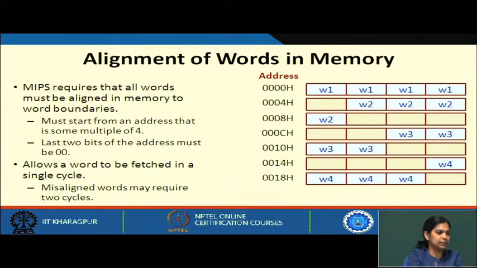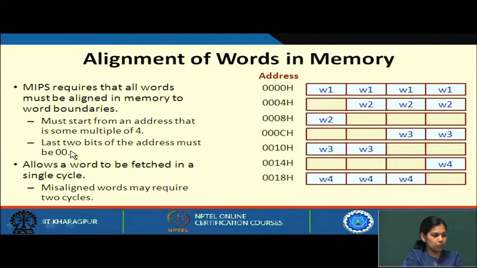So you see the first address, which is 0000, it starts from here, then 0004, then 8, C, again 0, 4, 8 and so on. You can see all these are multiples of 4 from where it is starting.